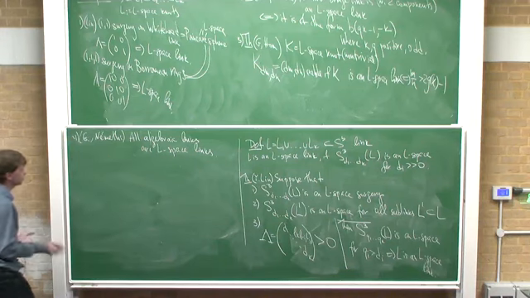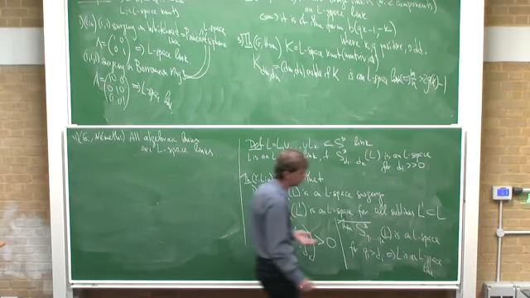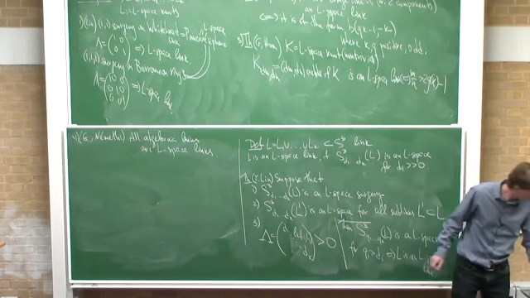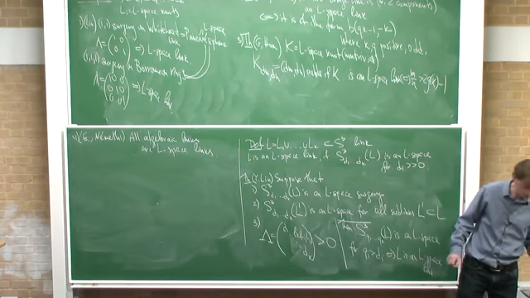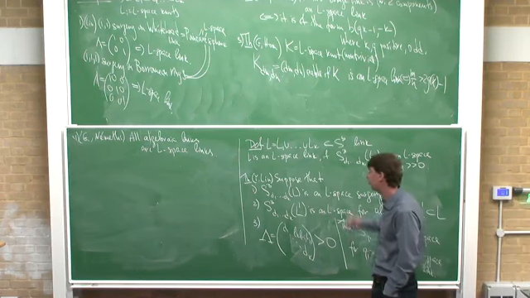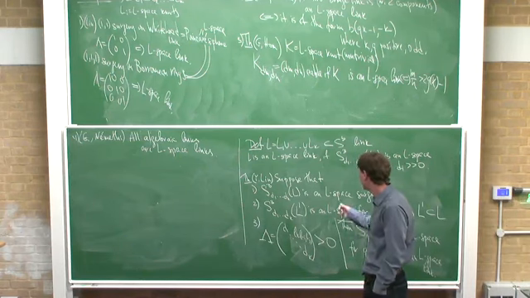And so you can ask many questions about them. One question you can ask: for L-space knots, you know that homology is determined by the Alexander polynomial.